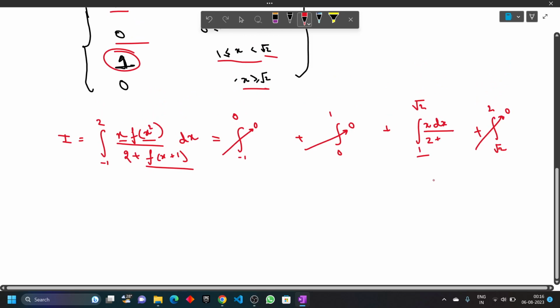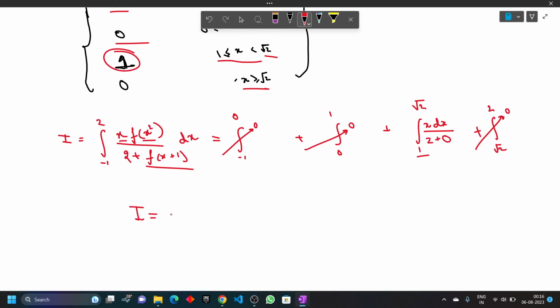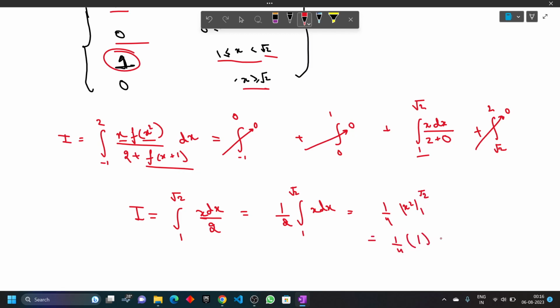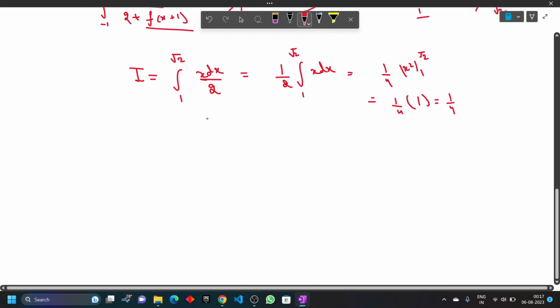So the integral would be I is equal to integral from 1 to root 2 of x dx by 2. So this is 1 by 2, integral from 1 to root 2 of x dx. This is 1 by 4 x squared from 1 to root 2, and this is 1 by 4 into 1. So this is 1 by 4.